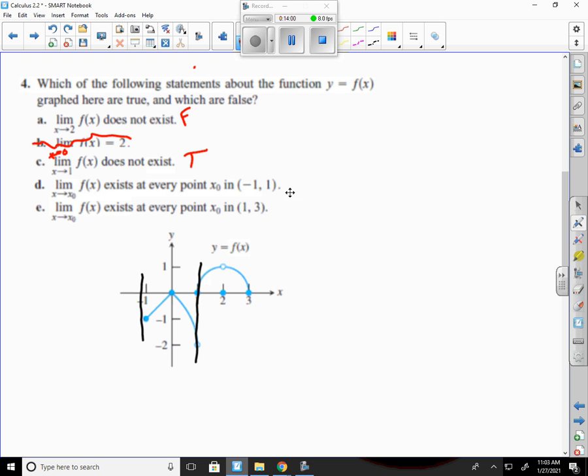So this would be true, because no matter what point I choose, if I go to the left from that point, it goes to that point. And if I go to the right, it goes to that y value. So it's the same y value from both directions for every point inside of here.